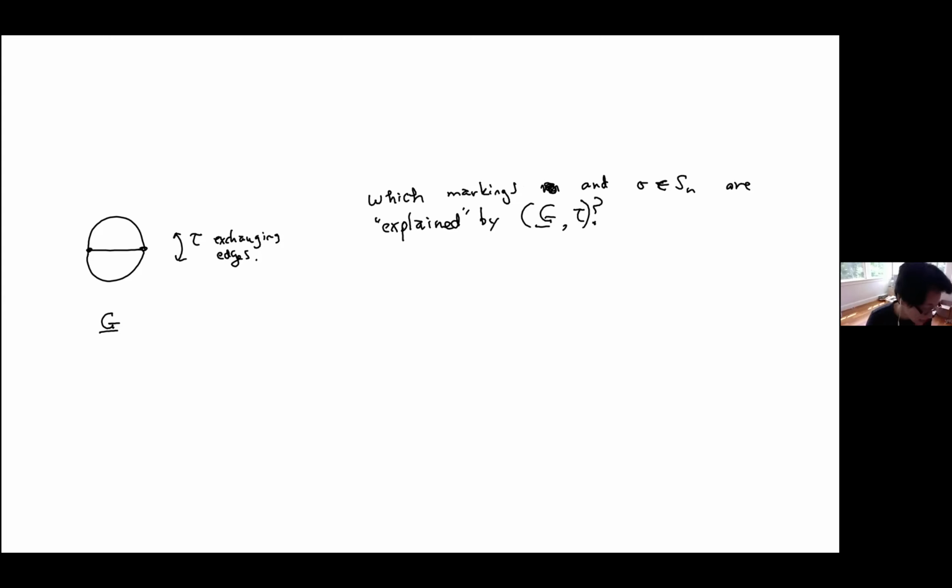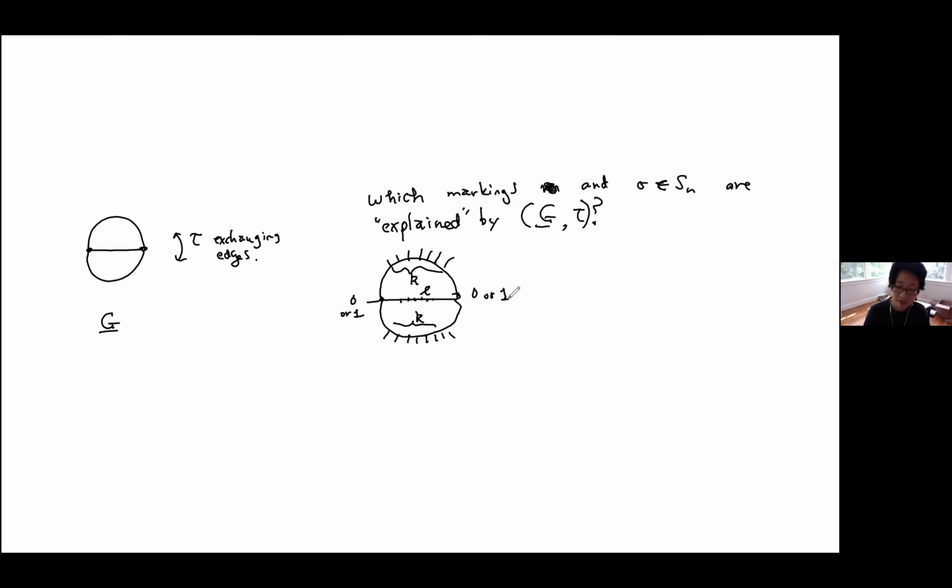So for example, if I had any hope of reconstructing some markings and a sigma, then I had better put the same number of marked points on the top and bottom edge, maybe K. And then I have some number of marked points on the middle edge, maybe L. That number is unrelated to K. And then I either have a marked point on the left vertex or not, and a marked point on the right vertex or not.